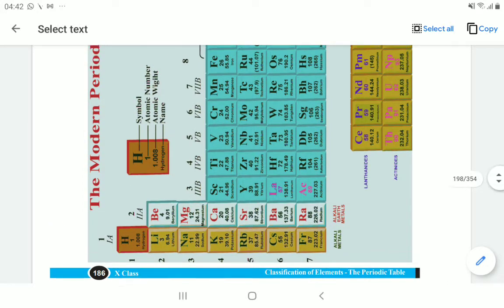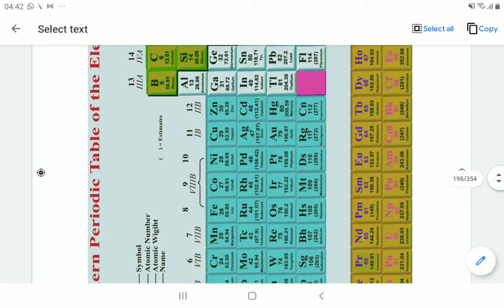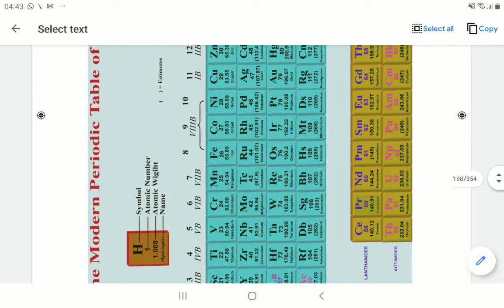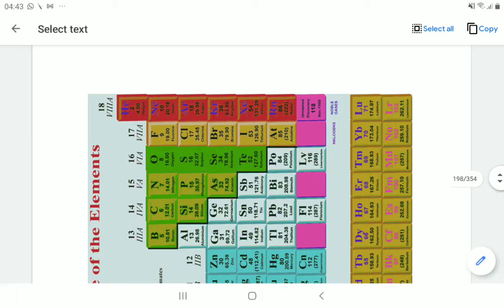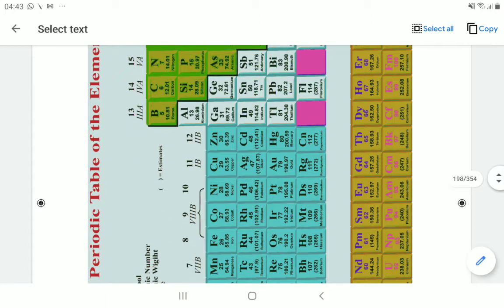The remaining elements in between are placed under the table, from 58 to 71. So totally we have 32 elements in the sixth period.